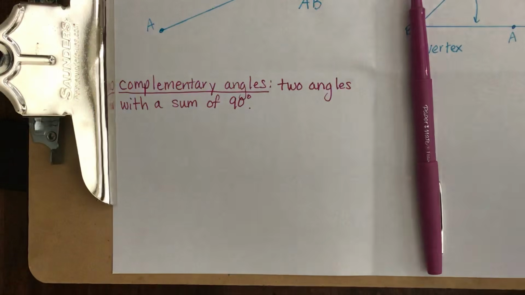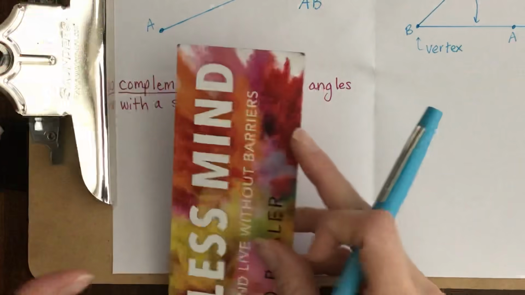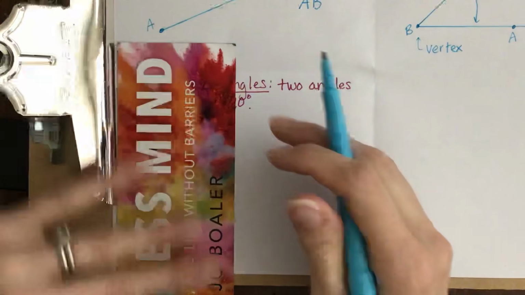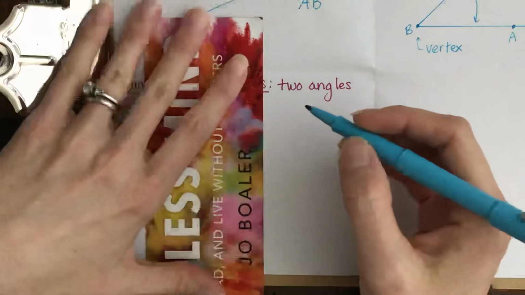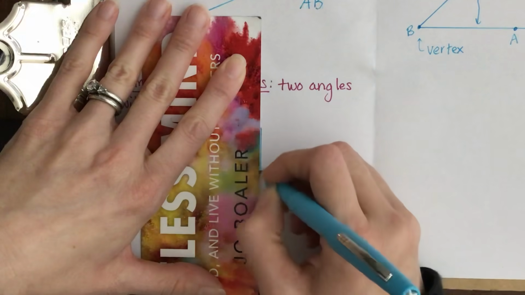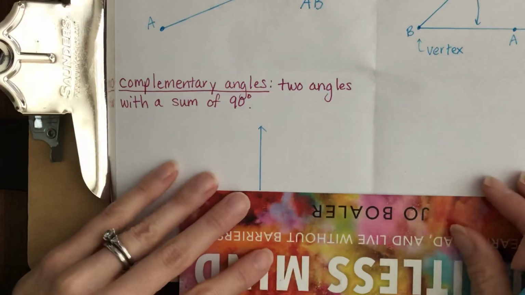I still haven't located my ruler, so I'm going to be using a bookmark again as my straight edge. All right, so the first case is when the 2 angles are adjacent to each other, and we're going to talk about what adjacent means in just a moment.